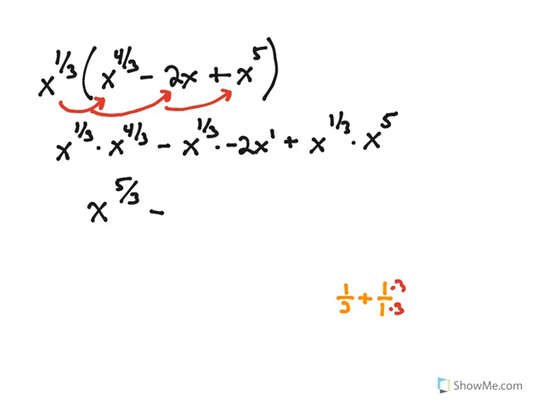So I'm going to times this by 3. And that's just 1/3 plus 3 over 3. So that'll give me 4/3. So that becomes negative 2x to the 4/3 power.